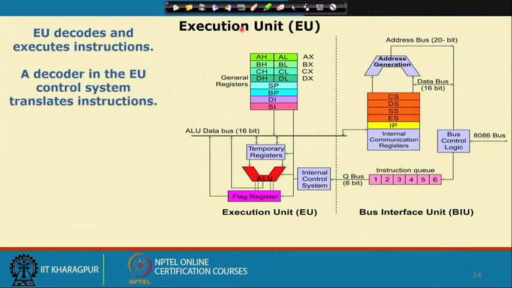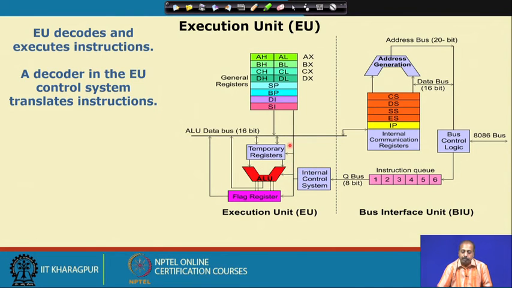Next we will look into the execution unit. In the execution unit, the responsibility is to decode the instruction and execute it. There is a decoder in the execution unit, that is the control system. From the instruction queue it gets the successive bytes and goes to this internal control system.